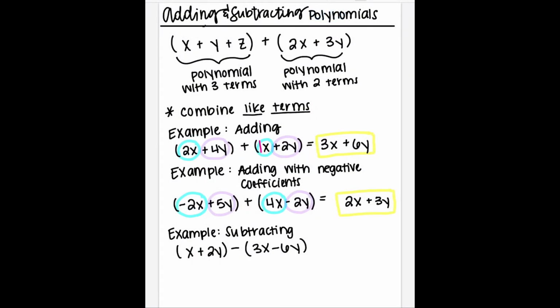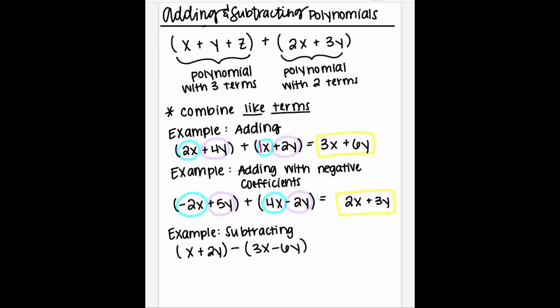Next, we have an example of subtracting two polynomials. We have the polynomial x plus 2y, and we are subtracting 3x minus 6y. Something important about the subtraction between these two polynomials is that you're subtracting 3x and subtracting negative 6y.